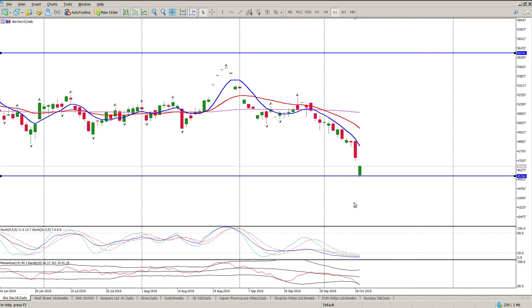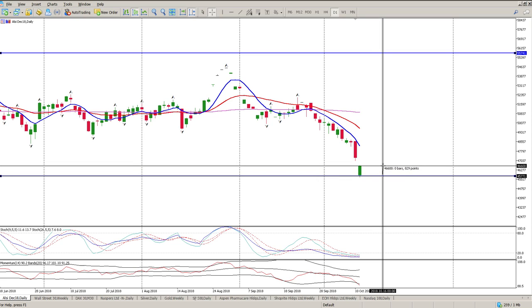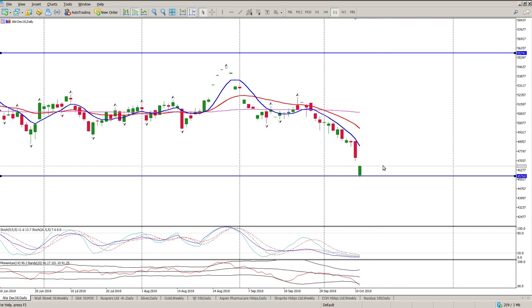We did open on our low and close on our high, a nice 800 point trade, and we've got a grouping of everything here. We don't have divergence on the daily, but we've got a grouping of the stochastics, so there is a possibility for a bounce.